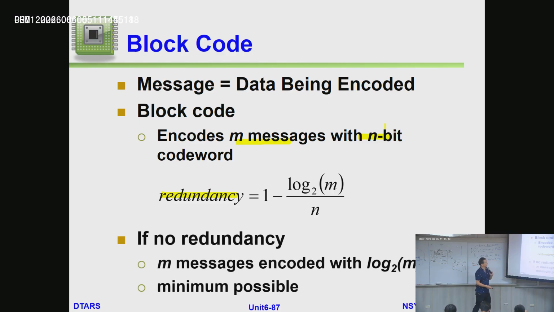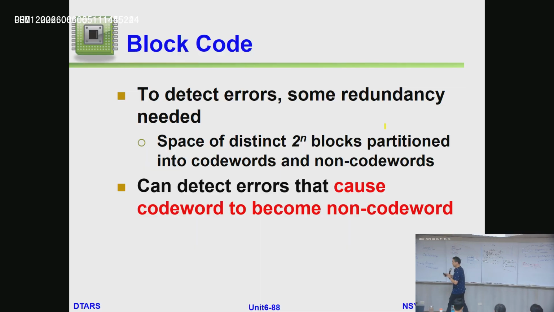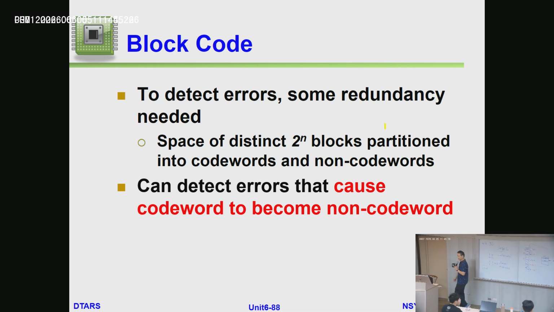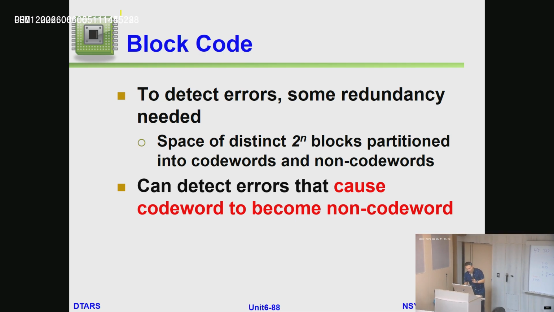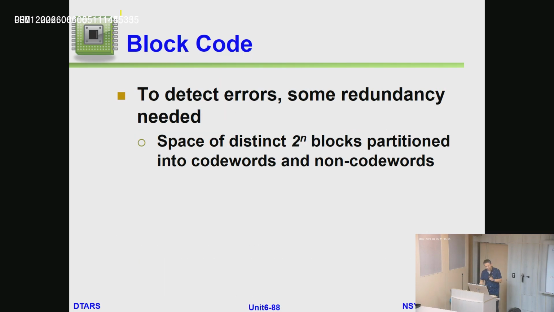And for ECC code, there is one idea that you can have in your mind. If we have n bits to represent our information, then it is very easy to understand: we will have 2 to the power of n pieces of information. Then these 2 to the power n can be classified into code words and non-code words.